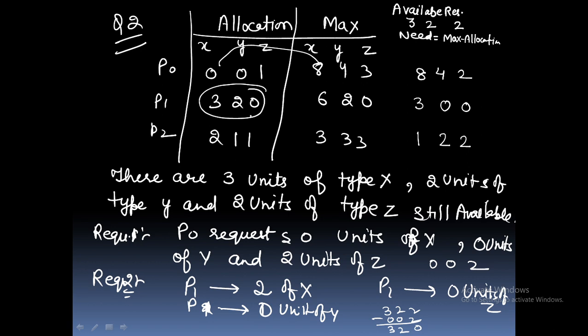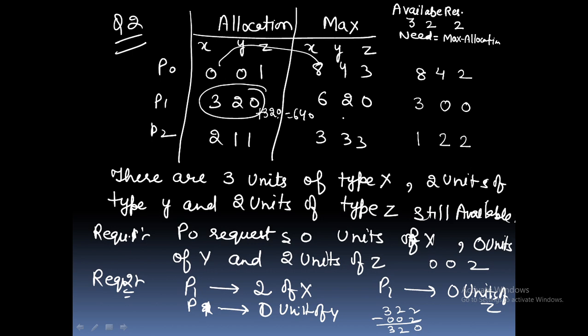When you fulfill its need, 320 plus, you will get 640. And with 640, it is not possible to entertain any process. The system has entered the deadlock state, which is an unsafe state, because of that request 1 will not be permitted.